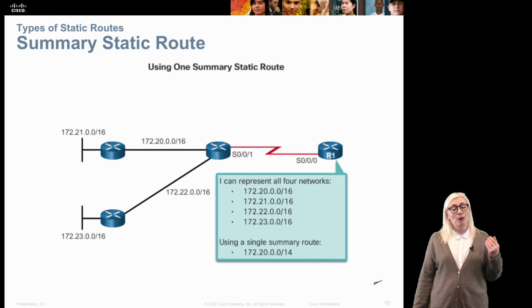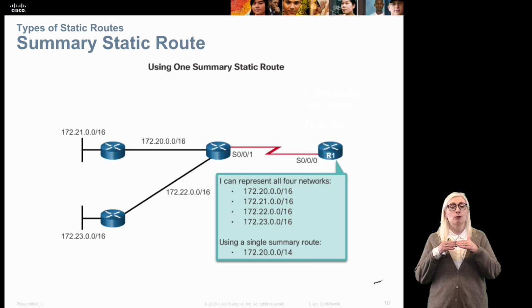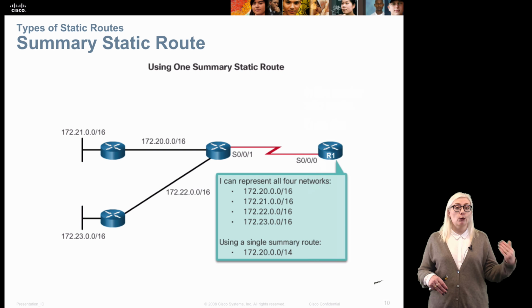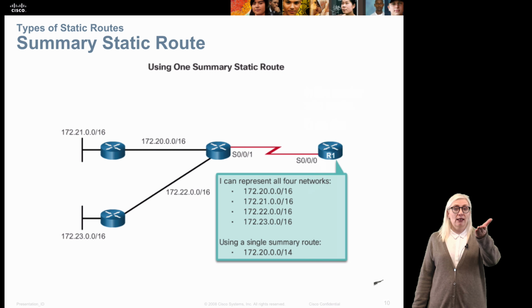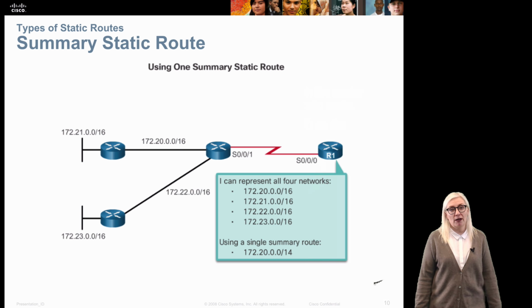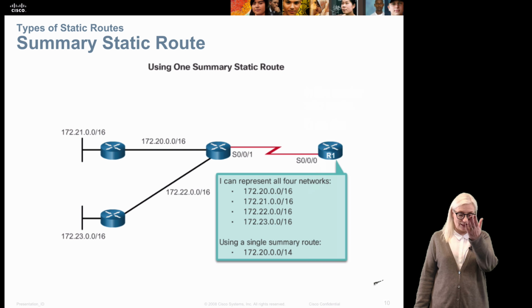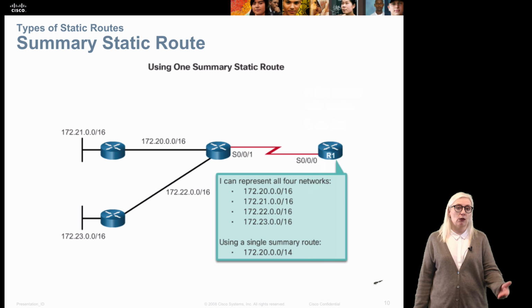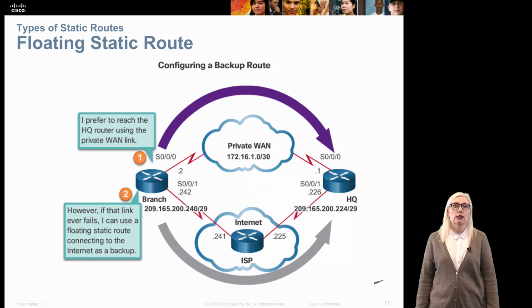Because when we have routing tables, we want them to be as small as possible, to have as few entries as possible. So instead of having 4 different networks in this case, I can have 1 entry instead. So we normally also would like to use static routes for summarized networks.